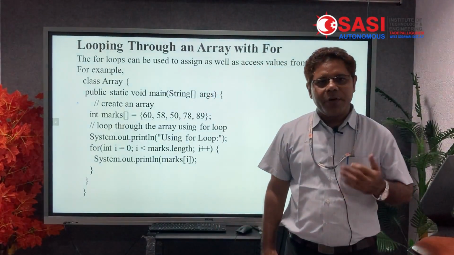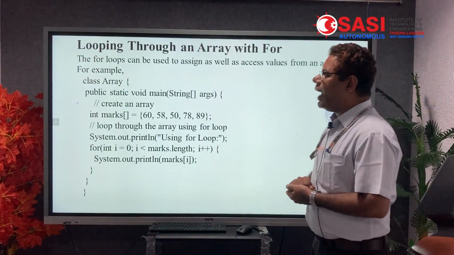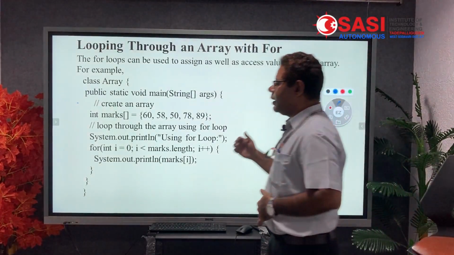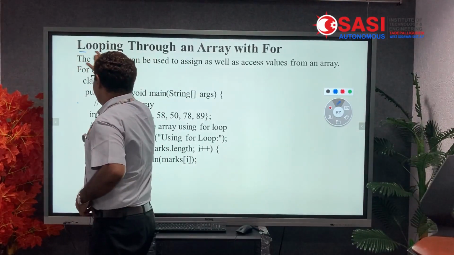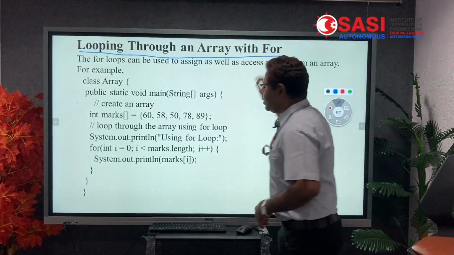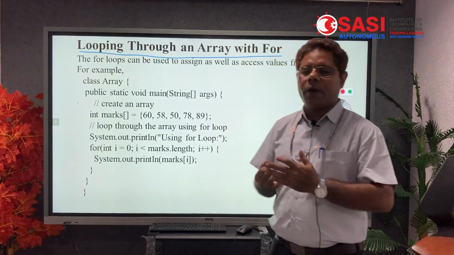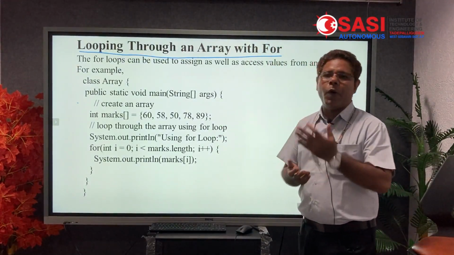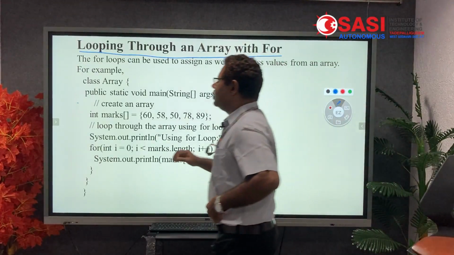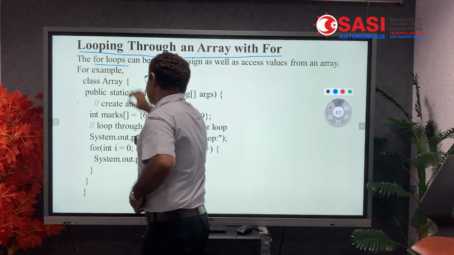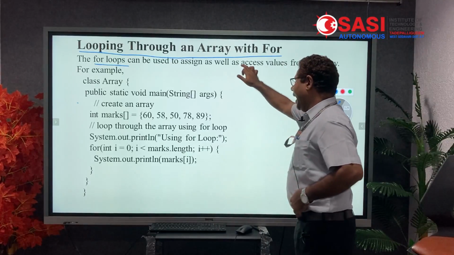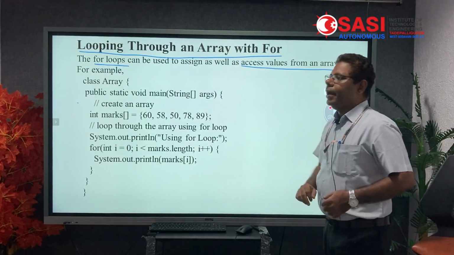We have another way to access the array values, by using looping. Already we discussed loop statements. We have three loops: for loop, while loop, do while loop. Here we can use the for loop. So by using the for loop we can access the values from an array.